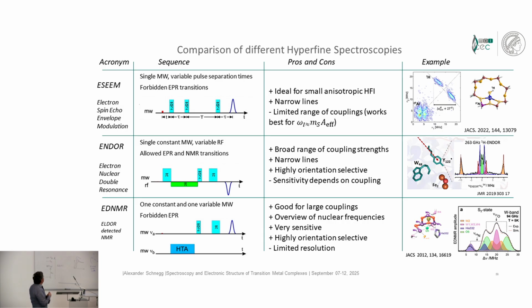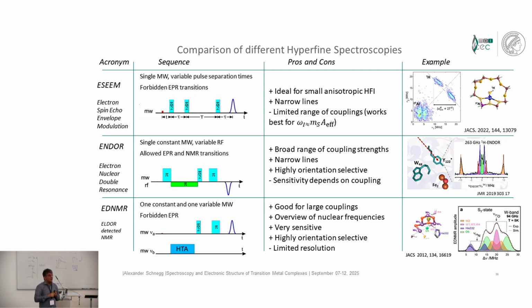There's another technique which requires only microwave pulses. This is called electron spin echo envelope modulation. I have shown you this sequence where you have two pulses, and if you increase the pulse length, then your echo is decreasing. I said this, and I hope you remember.